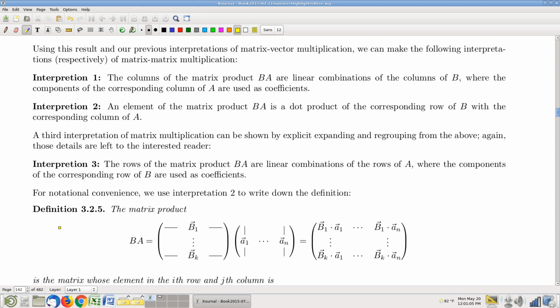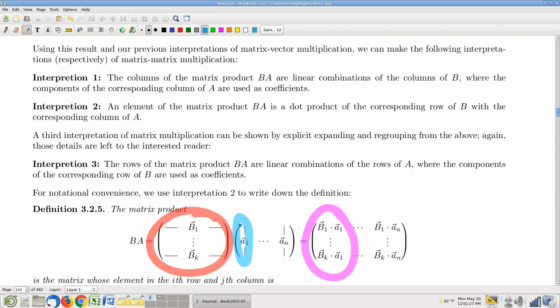There are some other details that you can wade through on your own. Let's look at the first column of a product. We know that the first column of the product is the matrix multiplied by this vector.